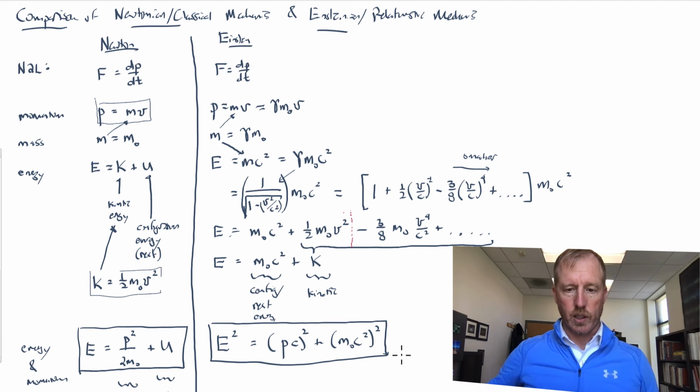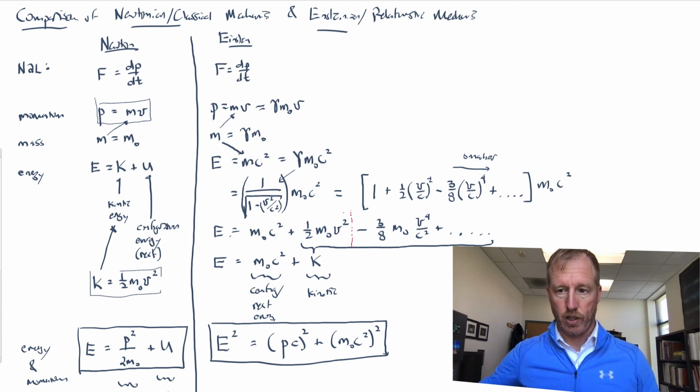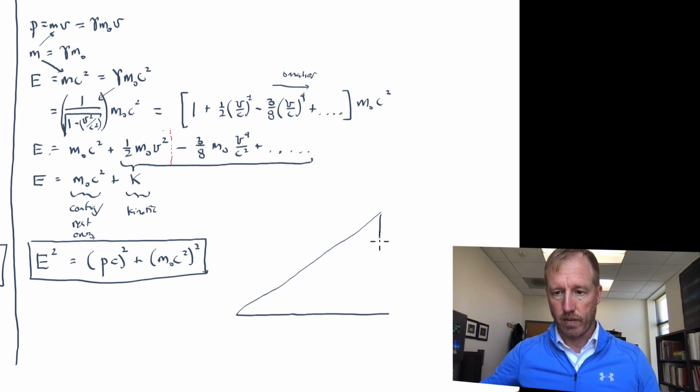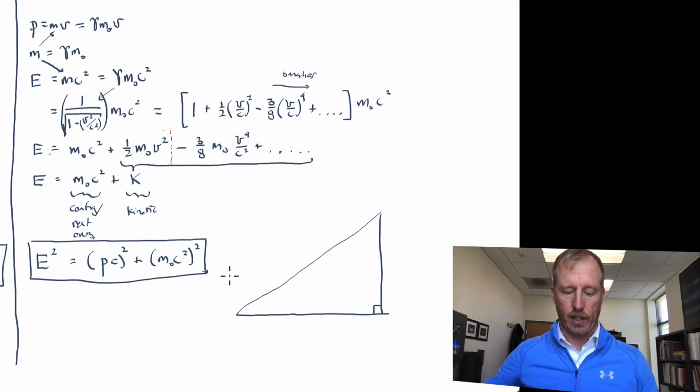This formula looks a little bit complicated, but there is a geometrical explanation or way to remember it. So let me quickly draw out that geometrical explanation. Notice it looks a little bit like the Pythagorean theorem. So let's draw a triangle like this. And these two terms can be understood as the sides, and this can be understood as the hypotenuse. Okay?